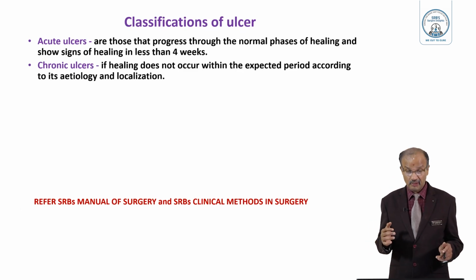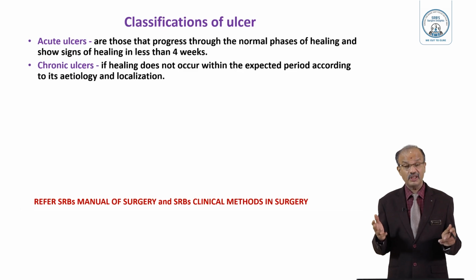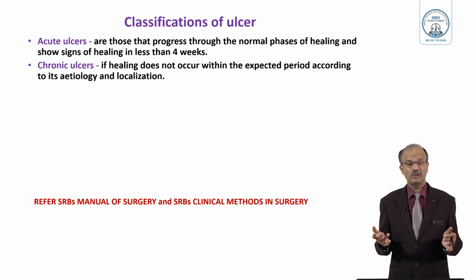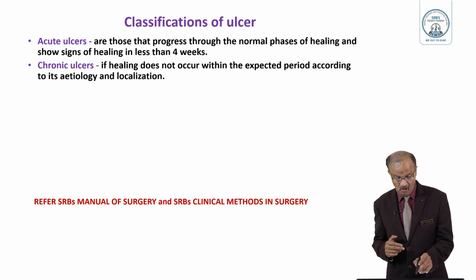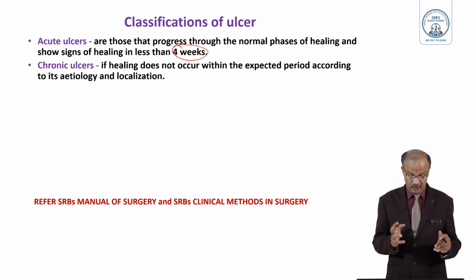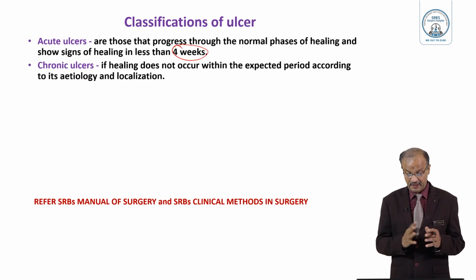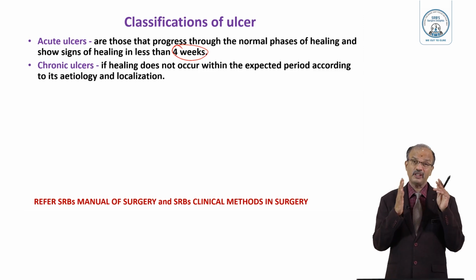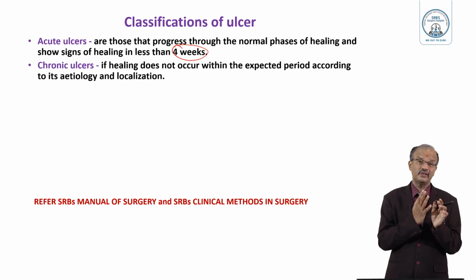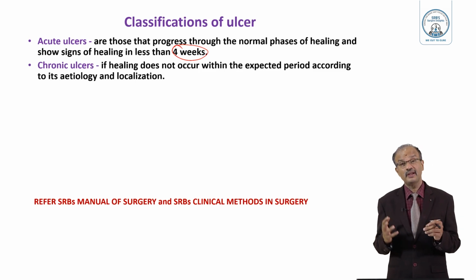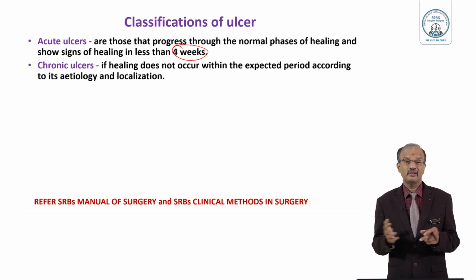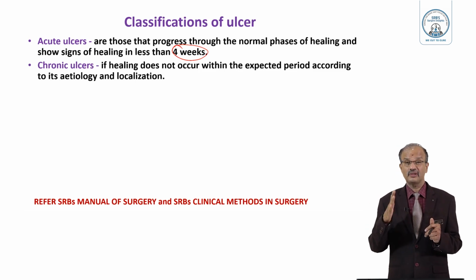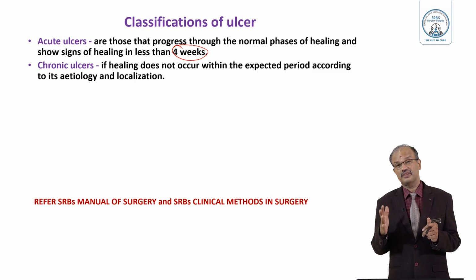Local healing is not there because of the etiology, localization, anatomic location, maybe over the joint, maybe over the feet, maybe other causes also. This is not time bound actually, even though commonly we say 4 weeks. By definition, it is within the expected period of time. The expected period of healing differs in each location and etiology, so 4 weeks is arbitrarily considered.